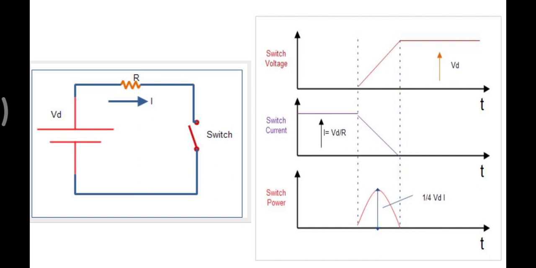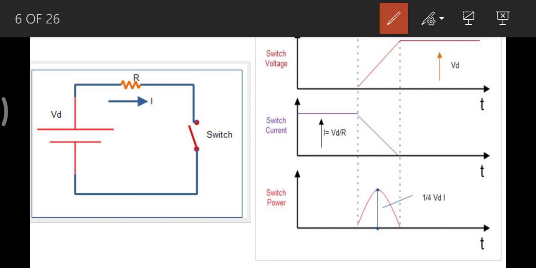See here, when the switch is opened, the switching voltage increases linearly and the current reduces linearly. Overall, the power loss because of this switching operation is 1/4 Vd into I. This is considered a very large loss in switching operation.